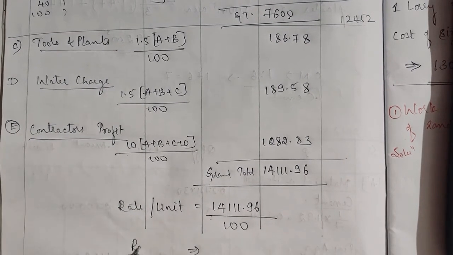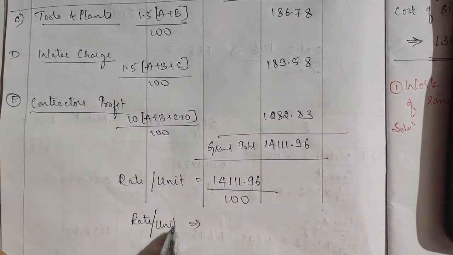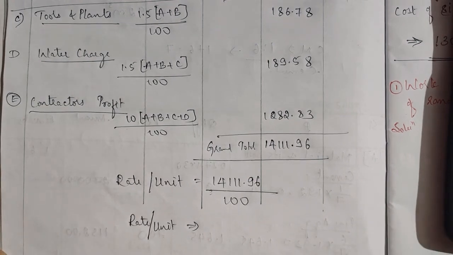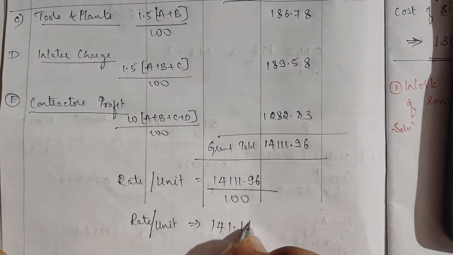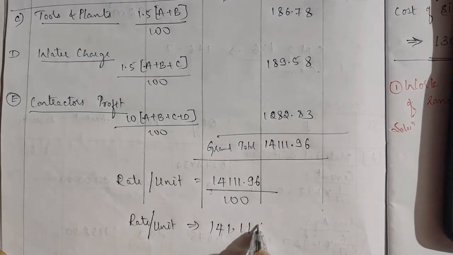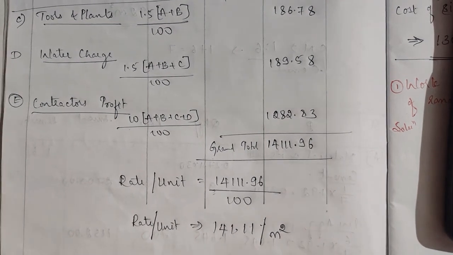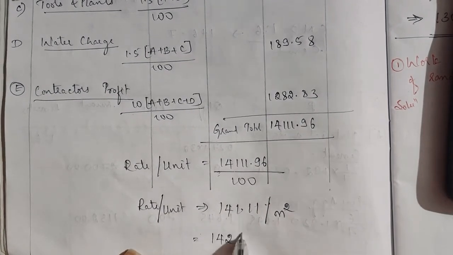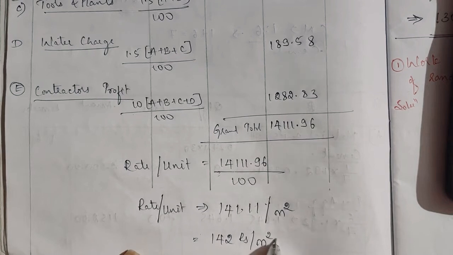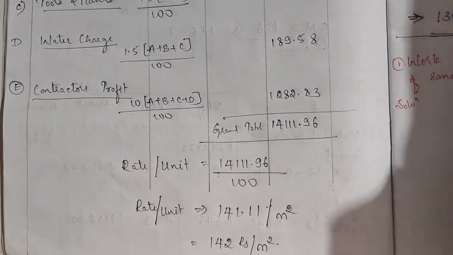So divide that by 100, it will be 141.11 per meter square. Approximately it will be 142 rupees per meter square. So per meter square 142 rupees will be the cost for the plastering work.